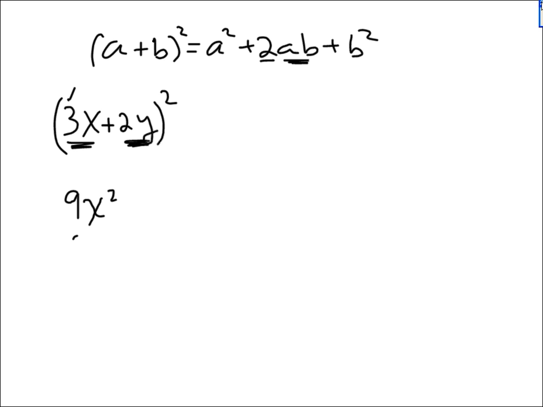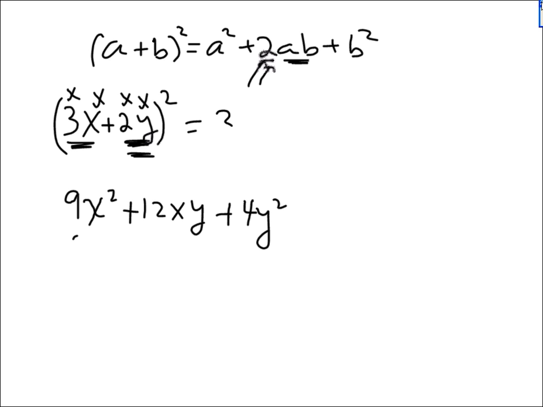Well, 3 times 2 is 6. You have to times that by 2, that's 12, times x times y. So multiply it by 2. 3 times 2 is 6, times 2 is 12, times x times y is 12xy. Plus, you have to square the 2y, which will give you 2 squared, y squared.